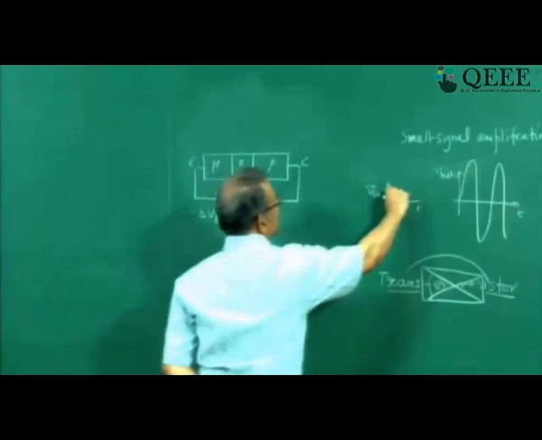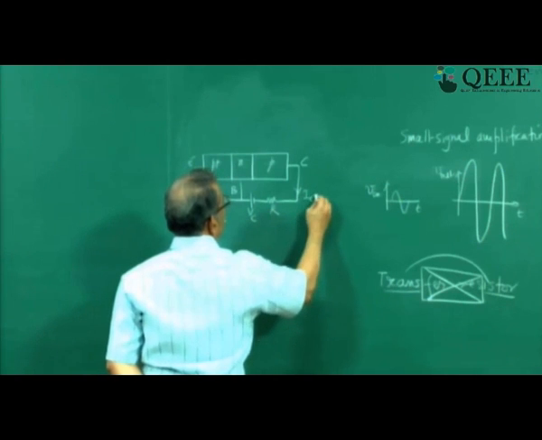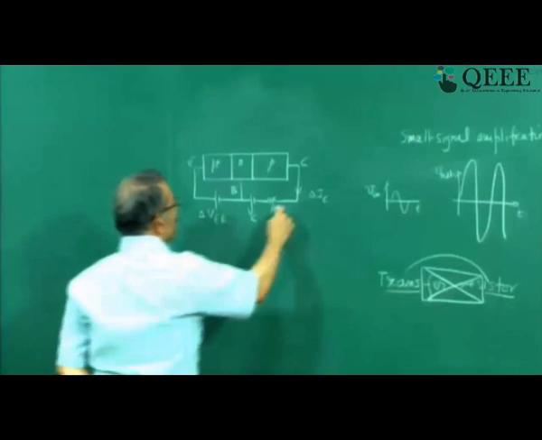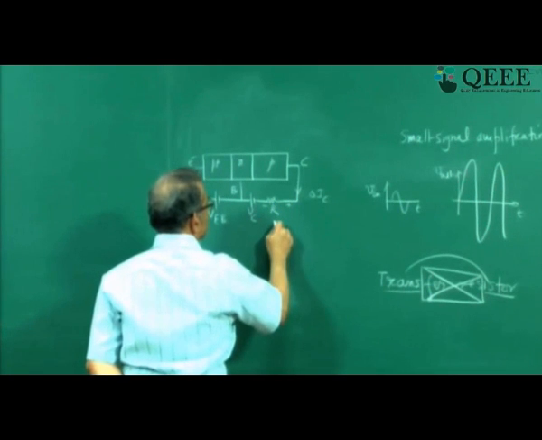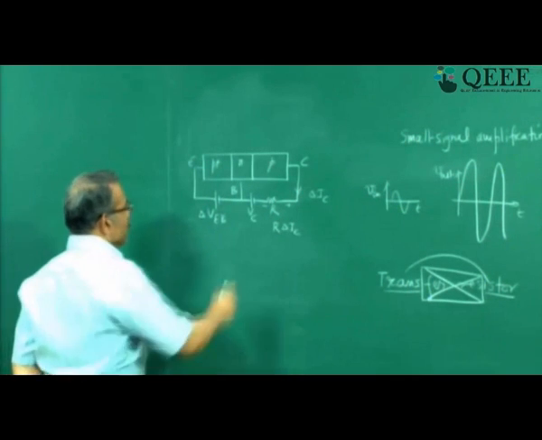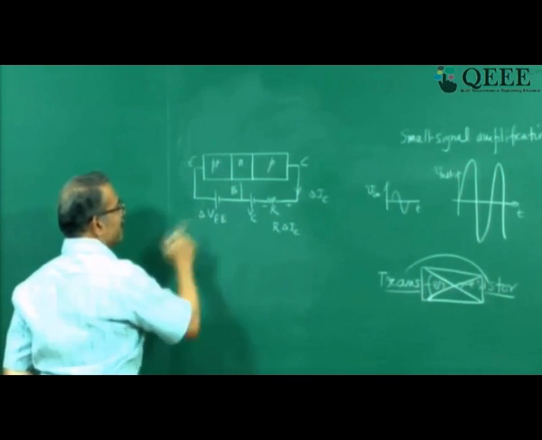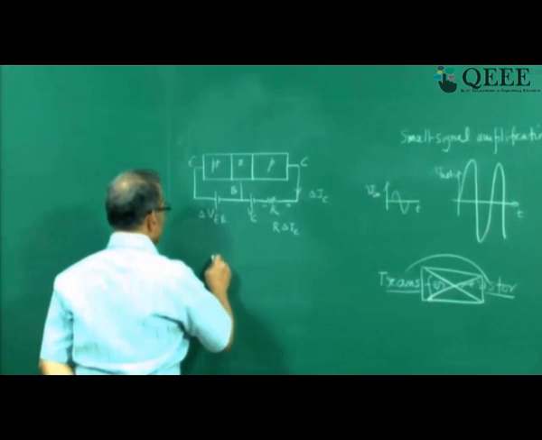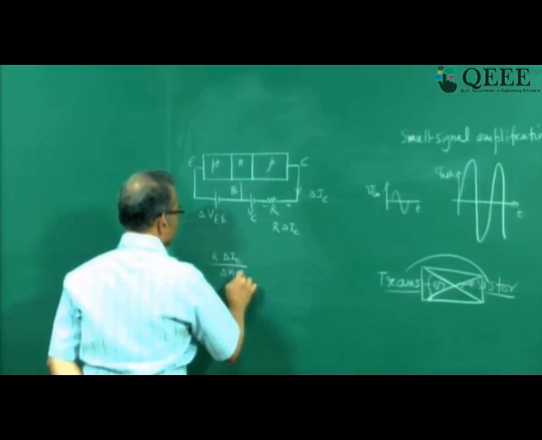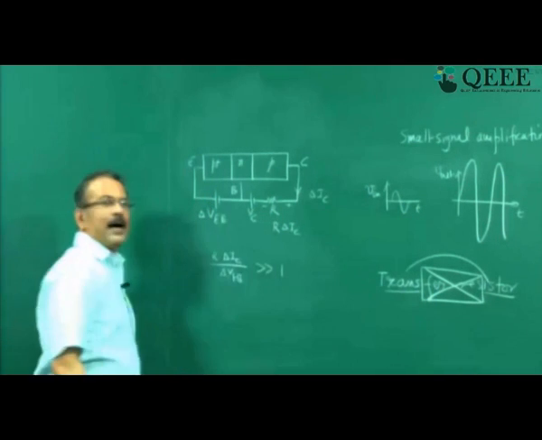Then I will get a change in the current, delta IC, and therefore a change in the voltage across this resistor, which will be R into delta IC. If this R into delta IC is much more than delta VEB, then I have got an amplification of voltage. So I have to look at the ratio R delta IC by delta VEB. If this is much greater than 1, then I have amplification.